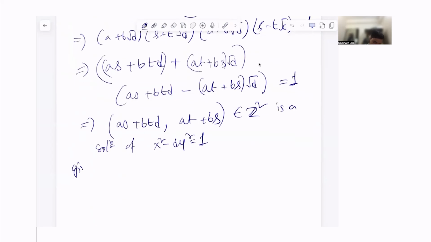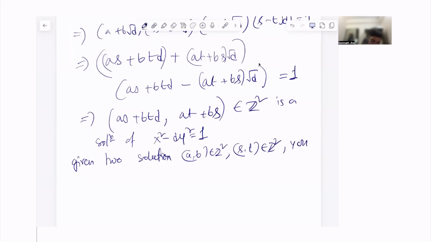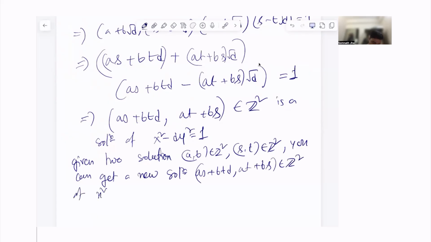So given two solutions (a, b) and (s, t) of x² − dy² = 1, you can get a new solution (as + btd, at + bs).